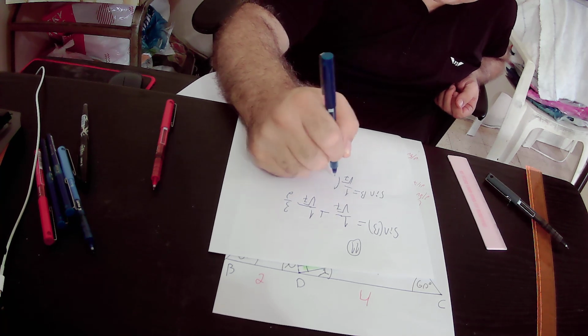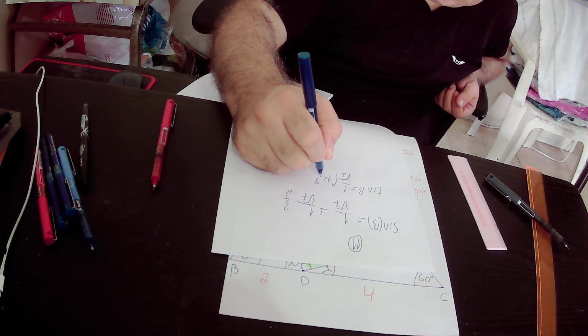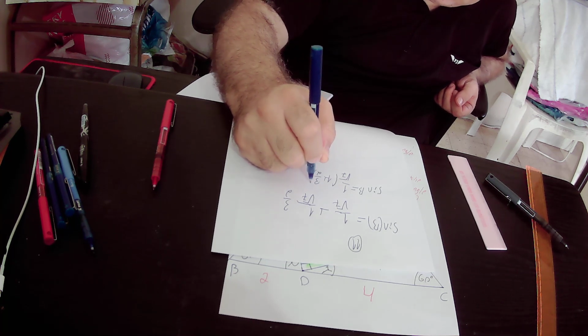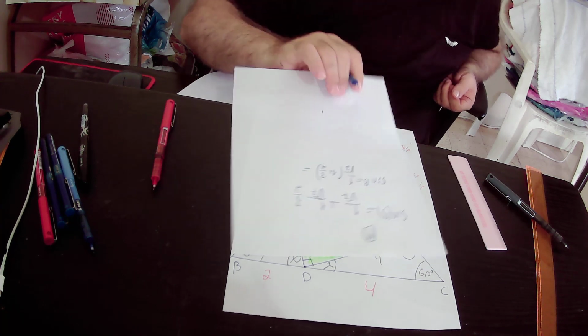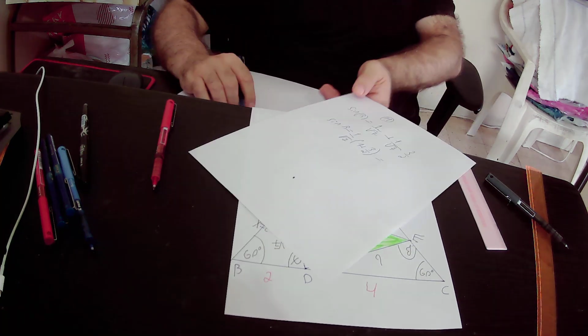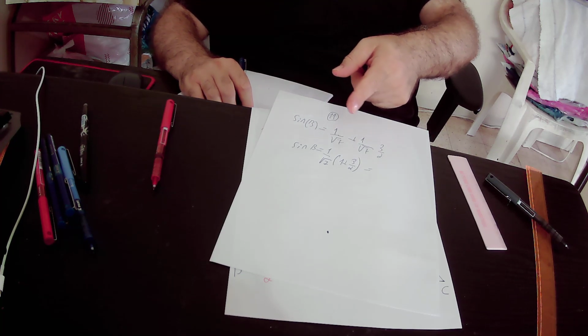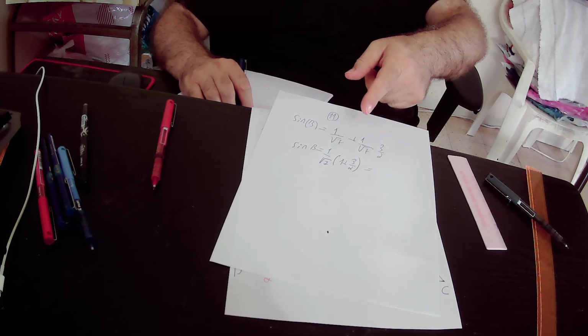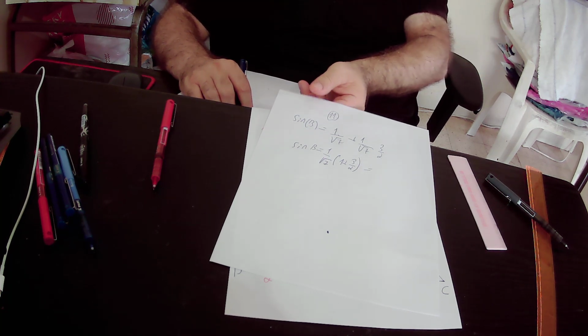In the brackets we will have 1 plus 3 over 2. 1 plus 3 over 2 is 2.5, and 2.5 is actually 5 over 2, so I write it down.